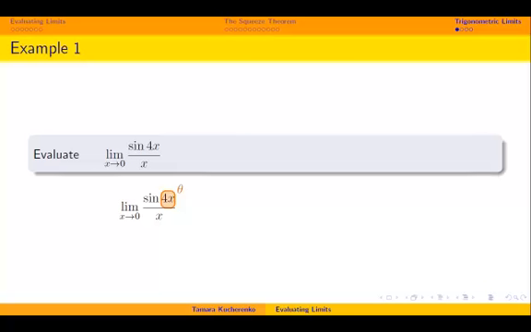To obtain the same value theta in the denominator, we divide and multiply the function by 4. We take out the constant multiple 4 from the limit.